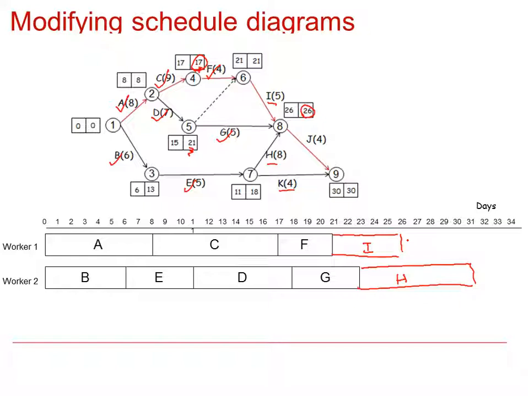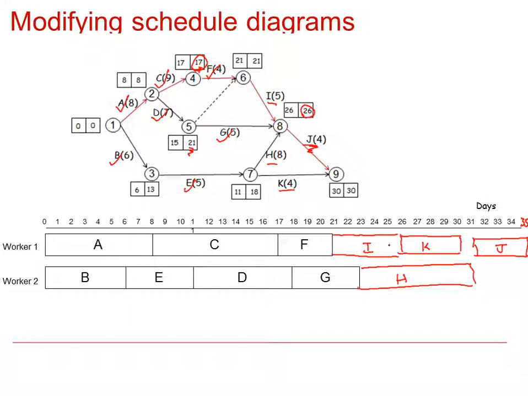And then worker 1 would have to do activity K. Then J, because J is dependent on H. So worker 1 is the first available, but the only activity left is activity J, and J is dependent on H, so J can't be done by worker 1 until day 31. So activity J starts on day 31 and it finishes on day 35, delaying the project by 5 days.